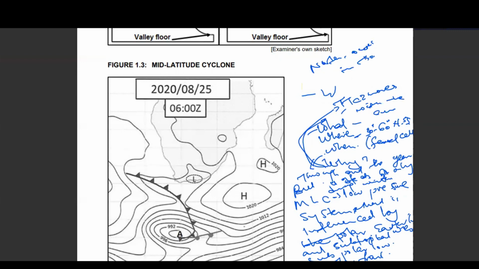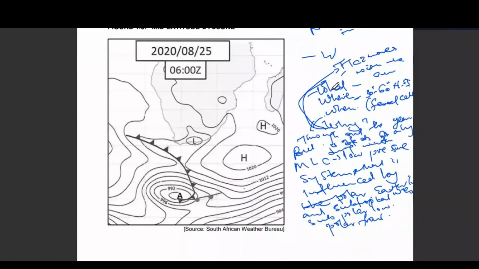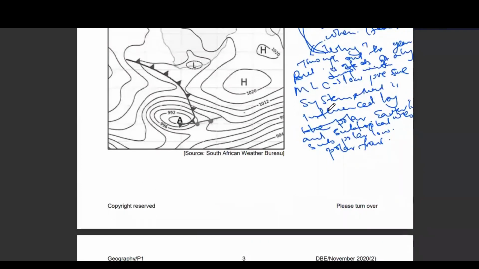We also know that mid-latitude cyclone is influenced by those two air masses, the polar easterlies and the subtropical westerlies. Then we also know that it has got the cold sector, it has warm sector, and so on and so forth. There are a lot of characteristics that we need to look at. Okay, this is just a reminder. Remember, I said that I need to remind you of these aspects before we proceed to looking at our questions.